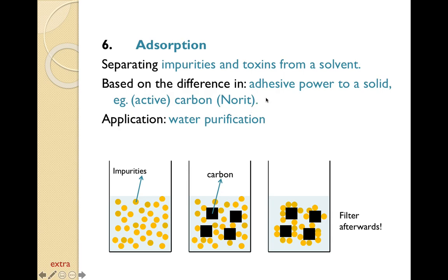This is a black powder which you can mix in with your water. It's like a sort of little sponge, but not a sponge that will absorb, like paper slurping up the water. The particles will go into the little holes and stick there, because just like when you have a small particle size where you have a lot of surface, something with a lot of holes also has a lot of surface.